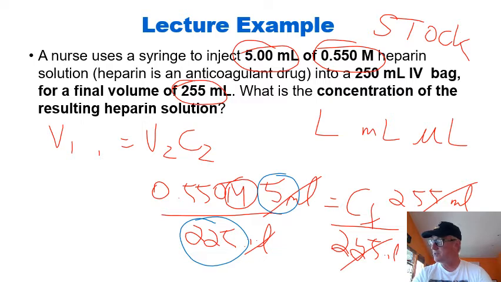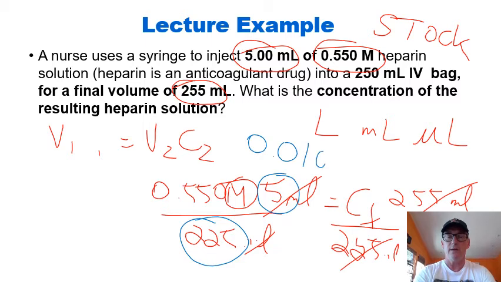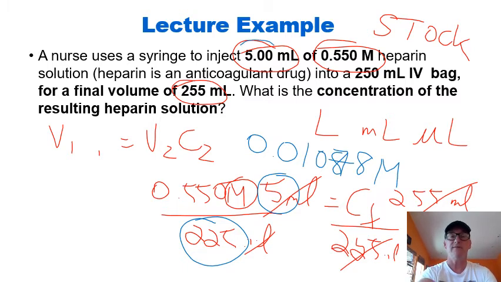And my final concentration will be 0.0098 molar. Now we look and see how many significant digits we should use. I've got 3 significant digits in my initial volume, 3 in my initial concentration, and 3 in my final volume.